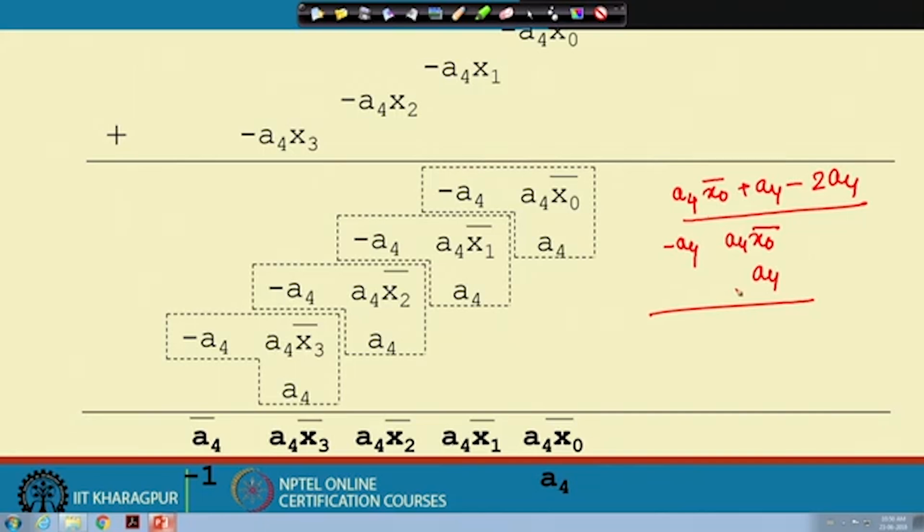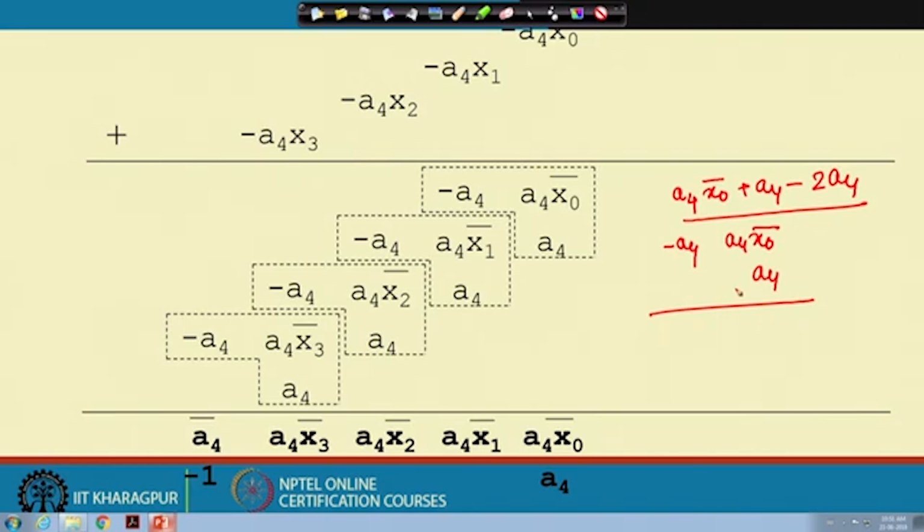Same for a4 x1: minus a4 over here, a4 x1 bar over here, and a4. Then for a4 x2: minus a4, a4 x2 bar, a4. For a4 x3: minus a4, a4 x3 bar, a4, correct.